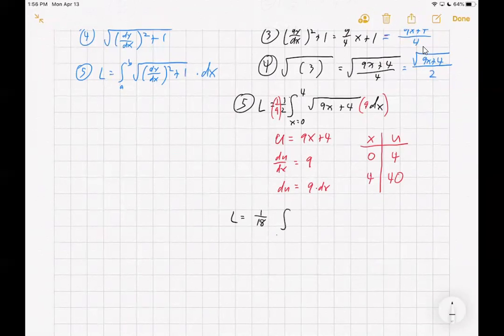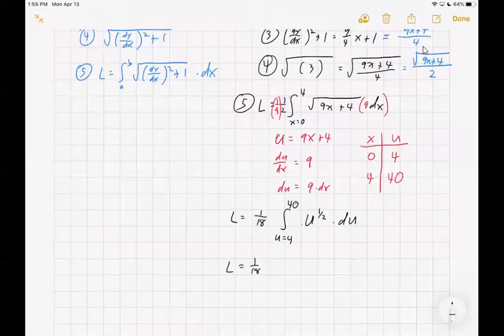The integral, now remember we're switching to u, so u goes from 4 to 40 of the square root of u, which we could write as u to the 1/2, du.